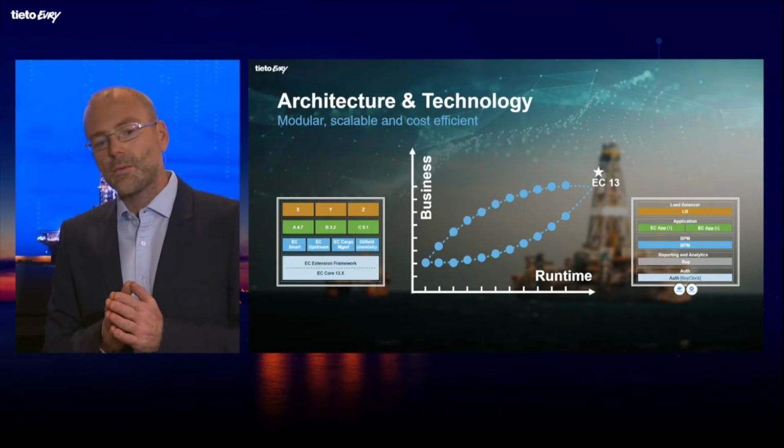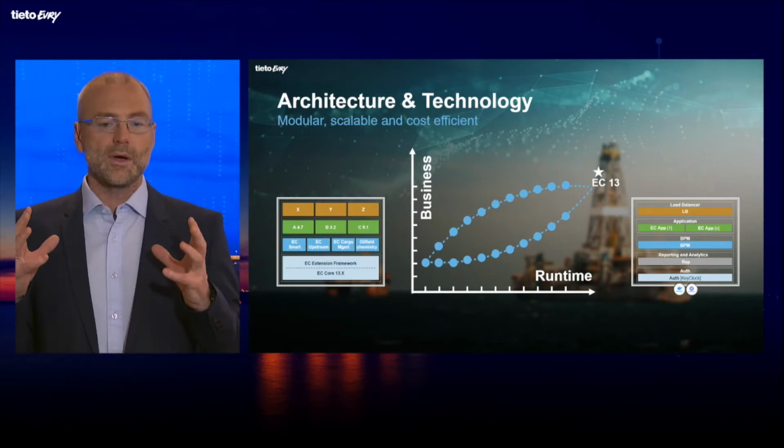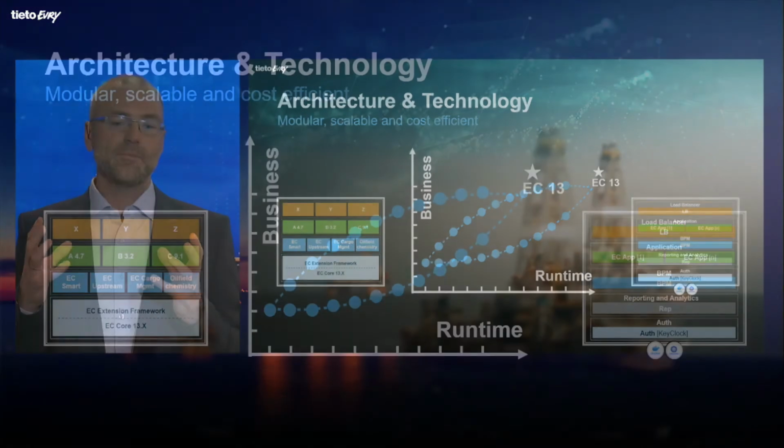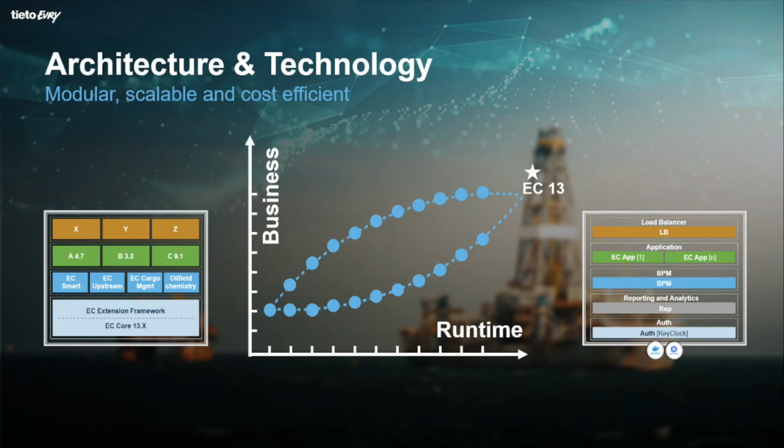Good. What I try to show in this slide is that from an architectural point of view, when it comes to modularity, as mentioned by Kåre, we have been investing quite a lot. What I'm trying to present now is that it goes in two dimensions.